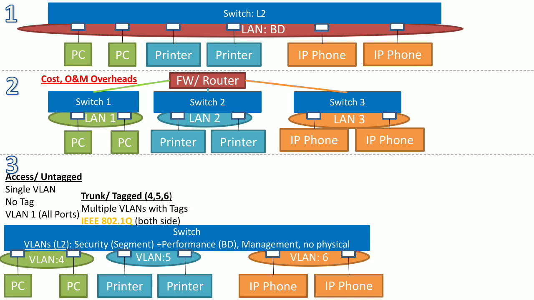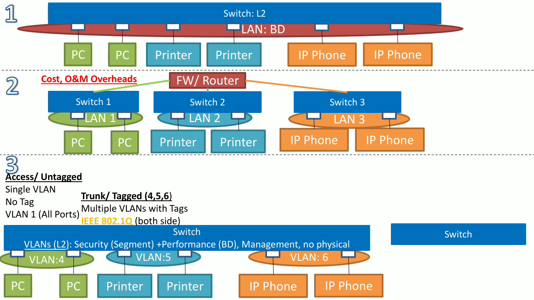So we declare a port as a tagged port. Then all the traffic which the switch sends out from this tagged port will have a tag associated with the VLAN ID of that frame.